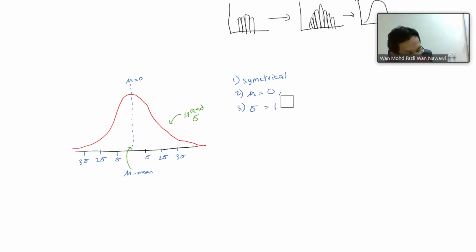So this is basically the properties of the standard normal distribution, standardized. So that's why whatever data that you have, they will correlate with the standard normal distribution. When they correlate your data with this standard normal distribution, they can find the region of significance and so on.